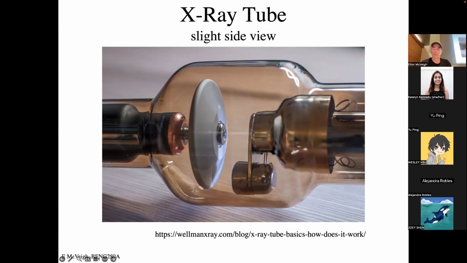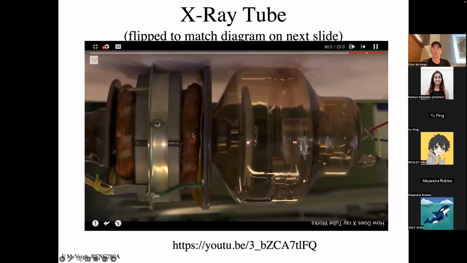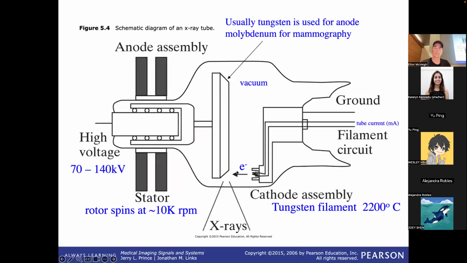A real one that you would find in a scanner looks like this. You've got this big motor that spins the anode we just saw, at very high speed, like 10,000 RPM. This is our cathode, and current comes in across the cathode filament, and electrons come across here. This is the drawing of that assembly. This all happens in a vacuum, so the electrons don't ionize gas.